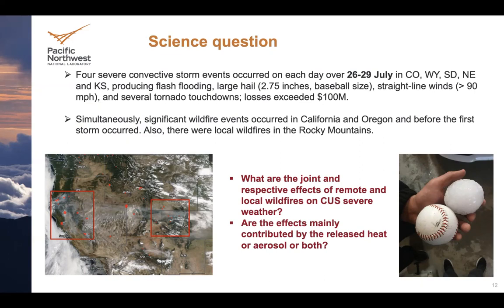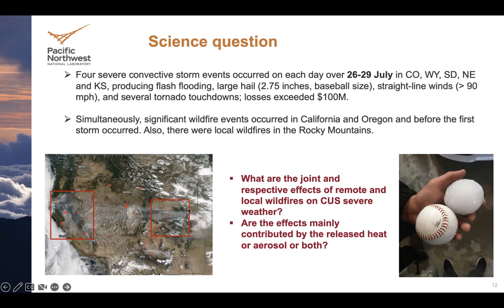In the meantime, we find that wildfires in the western US, mainly in California and Oregon, had occurred at least 2 days before the storms.